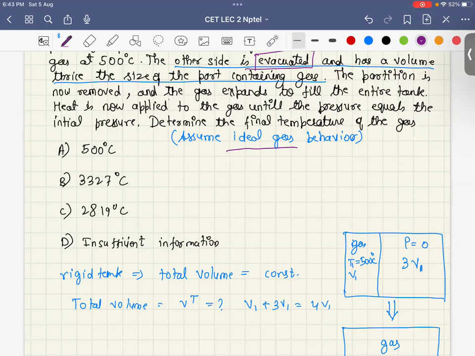Anybody has any doubt in understanding the question? Anybody is able to get the answer?